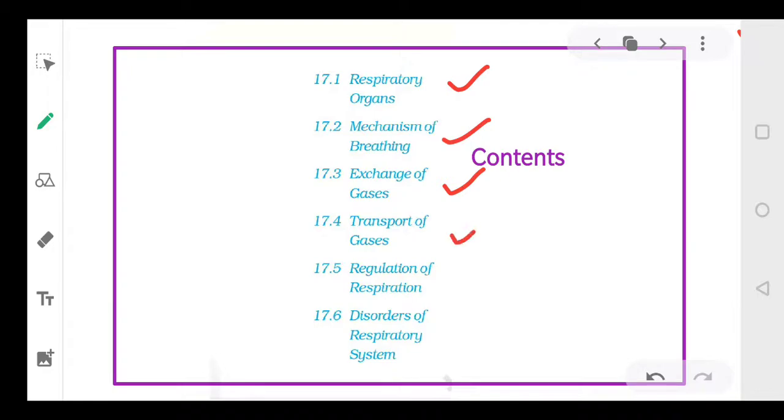Fourth is transport of gases. Then we'll talk about regulation of respiration, and finally disorders of respiratory system. Disorders means what are the problems we might face if our respiratory system is not working properly. Today we'll start a little bit of this chapter. We can call it the introduction of this chapter.